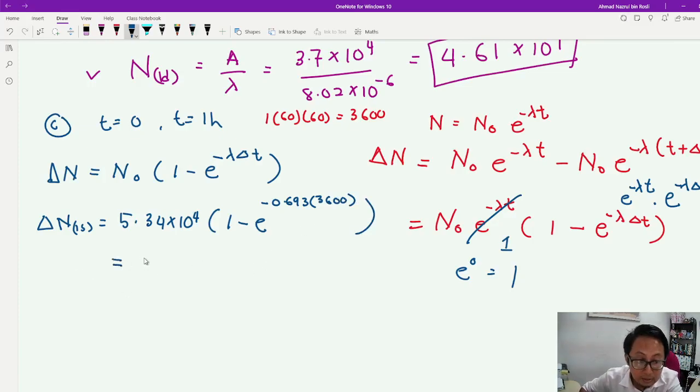So the answer here is 5.34 times 10 power of 4.